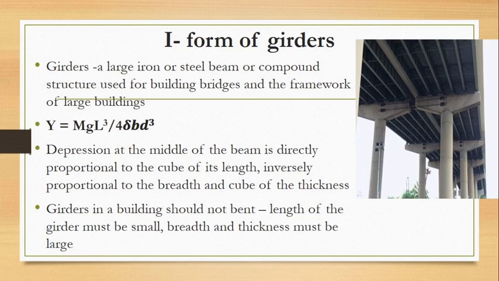Should not bend means the depression must be small. And we know that depression is directly proportional to L cube. That means in order to get lower depression, the length of the girder must be small. Whereas depression is inversely proportional to breadth and cube of the thickness. That means breadth and thickness must be large so that the depression occurring in these girders must be small.